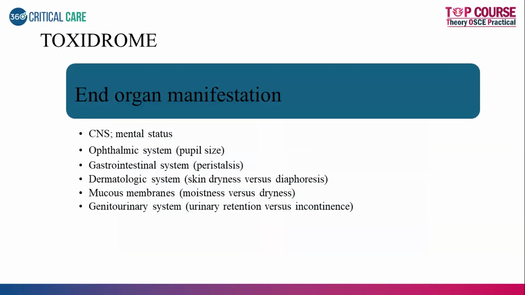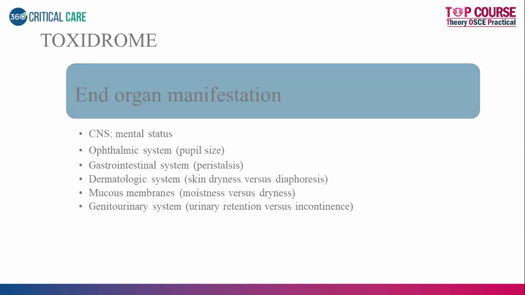We check the ophthalmic system in the form of pupil size. We check gastrointestinal function in the form of presence or absence of peristalsis, the dermatologic system as whether the skin is dry or the patient is diaphoretic, whether the mucous membrane is dry or moist, and the last is the genitourinary system in the form of urinary retention or urinary incontinence. So these are the end organ manifestations in a toxidromic approach.